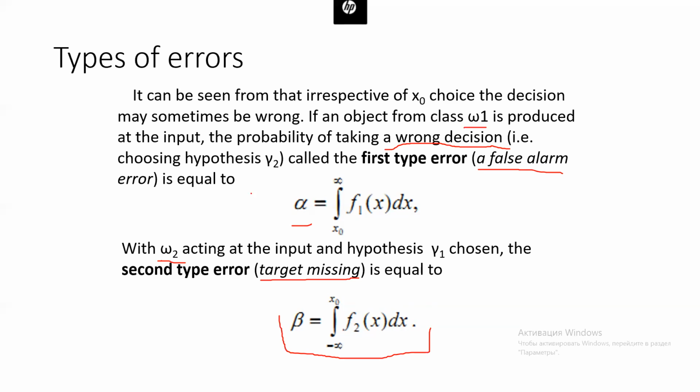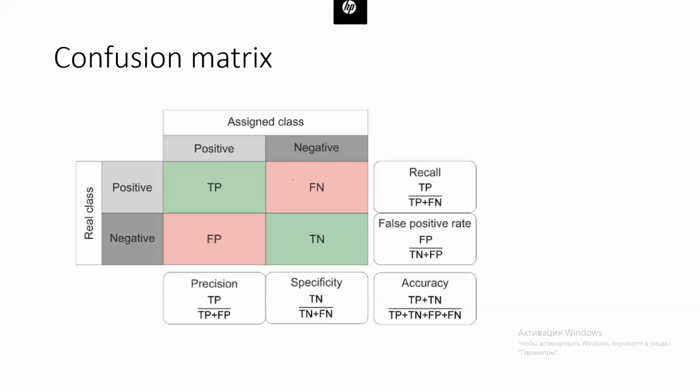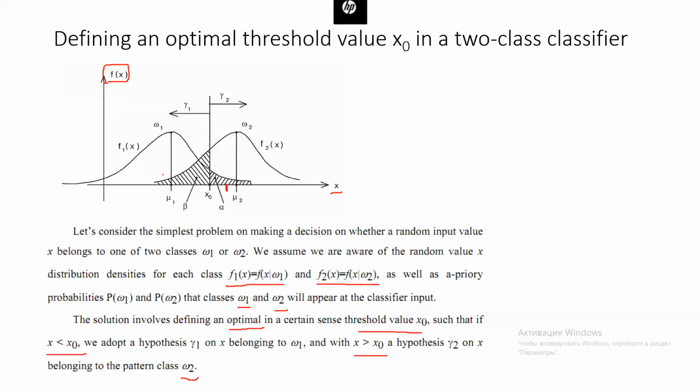But we will continue a little bit with these two types of errors, though it's not really common in use now because it's really difficult to calculate this distribution if you have a small data set, because all these densities are calculated experimentally.